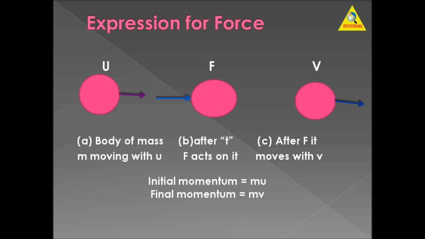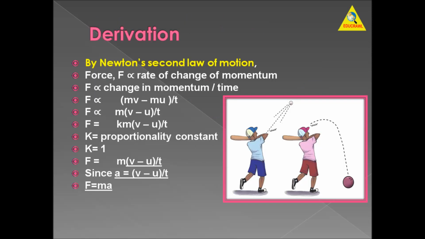Here the product mv, which is the product of mass and final velocity, refers to the final momentum, and mu is the initial momentum, which is the product of mass and initial velocity. Hence, the change in momentum is given by mv minus mu, the difference between final momentum and initial momentum.